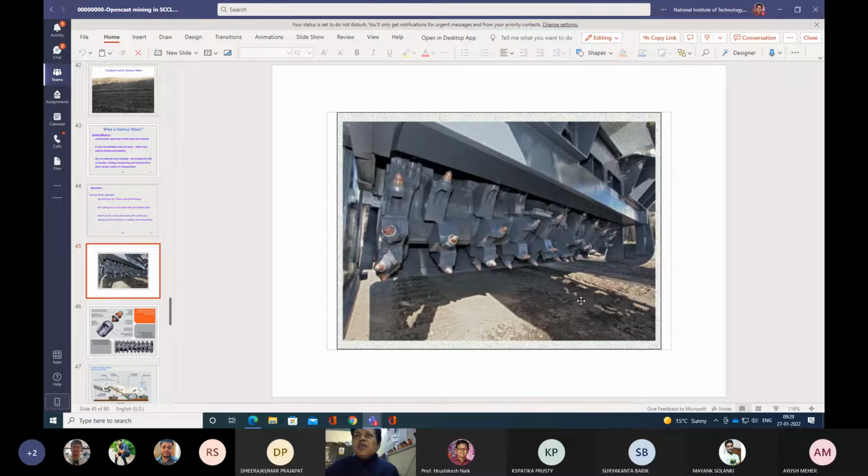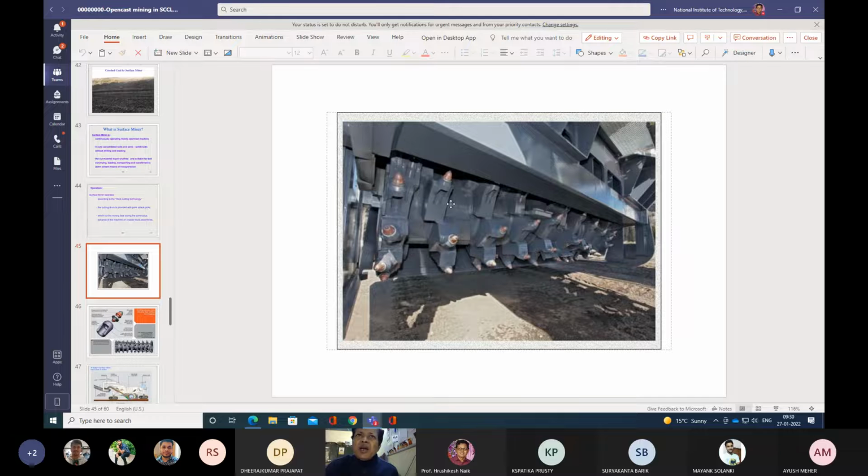So this is the machine by the help of which the material is cut. While cutting, you may get dust. For collecting the dust, there are dust catchers and electrostatic precipitators, so that dust will not go to the atmosphere. So this is the technology which is called surface miner technology.